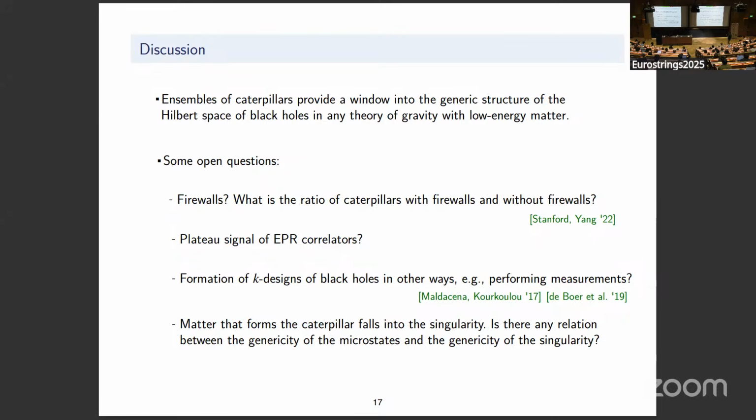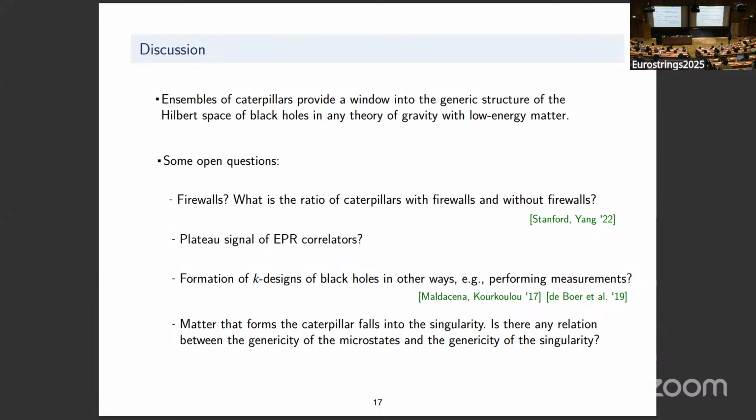So it's not clear whether these caterpillars, which are slices of the space-time, develop these kinds of firewalls when you evolve them. In particular, there have been recent proposals saying that half of the typical states should contain firewalls. So there should be half of the caterpillars in principle which contain firewalls. Okay.